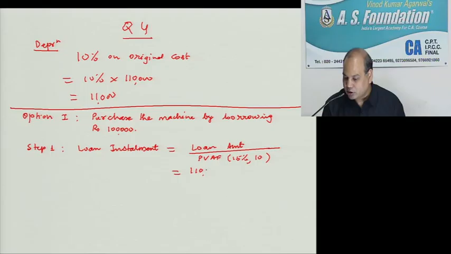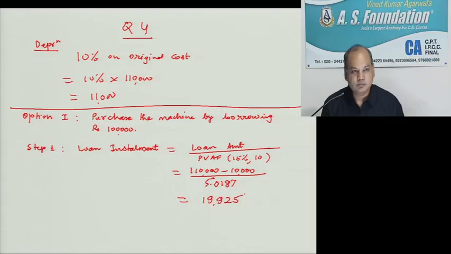Loan amount will be 1,10,000 minus 10,000, down payment deduct. And what is this present value annuity factor? Anybody? 5.0187. So what is the installment amount? 19,925, round off the last digit.